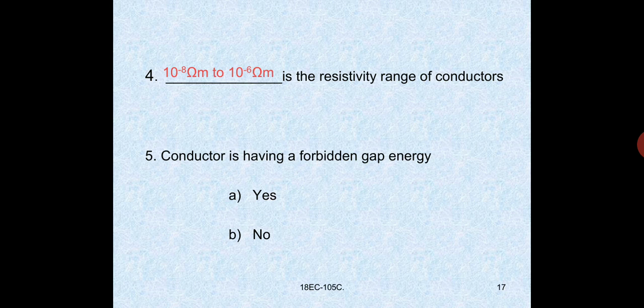Is that true or false? For a conductor, it is false. There is no forbidden gap in the conductor or metals. They have overlapped energy bands of valence and conduction.